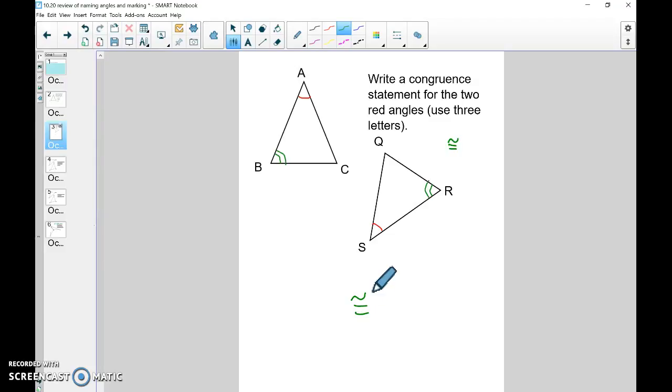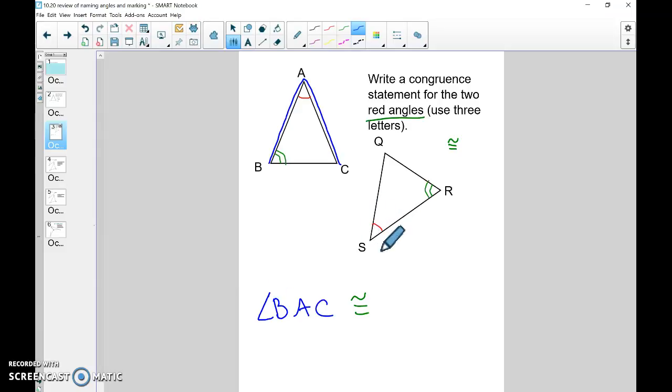All right, so we're marking the 2 red angles. So again, how do I name this angle? We usually want to use 3 letters. Don't use the 1-letter name because it's really not very specific and it could get mixed up very easily. So let's call this angle BAC. That was one of our options. So BAC. Notice I've got the symbol in front for angle, and I want to match it up with the red angle here.